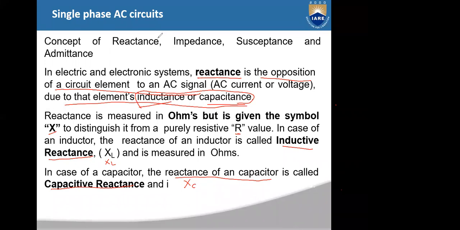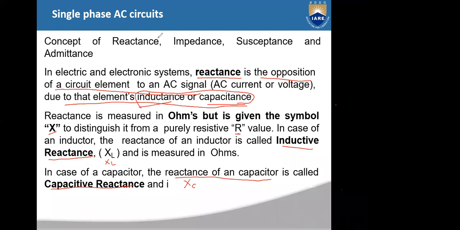Simply, what is resistance? Which opposes the flow of electrons, the flow of current. That is offered by the resistive element, and we are calling it the resistance.